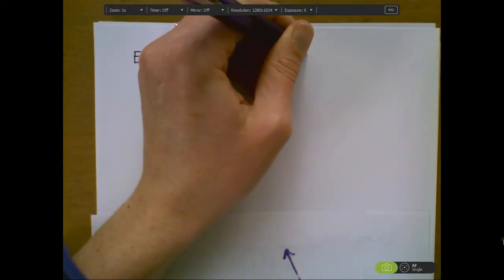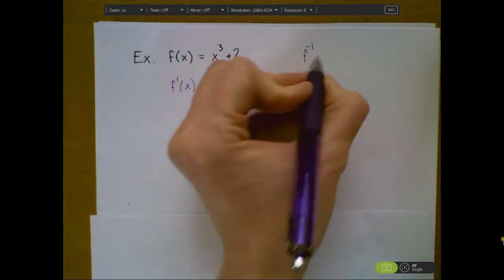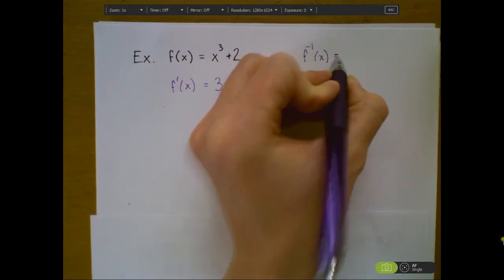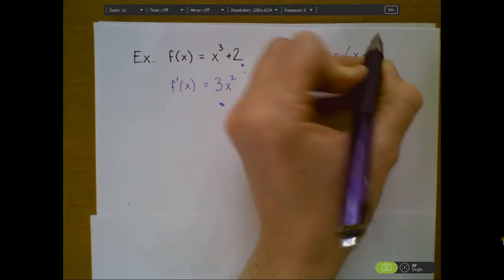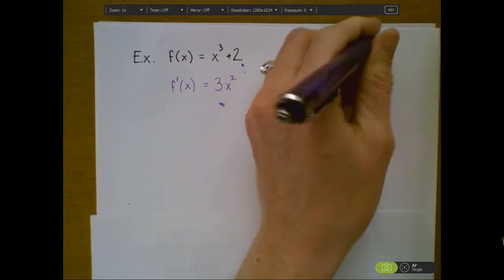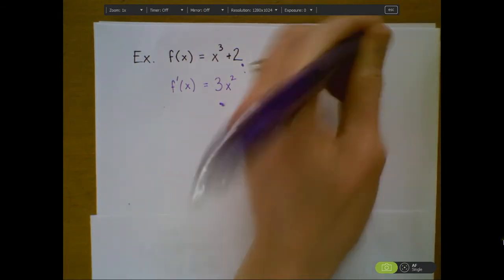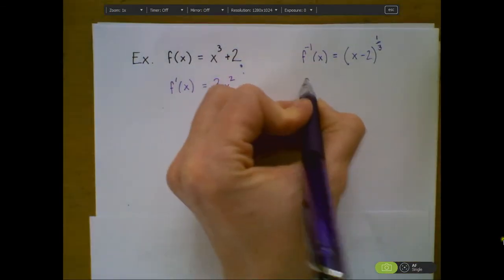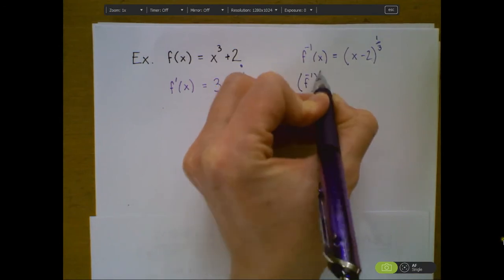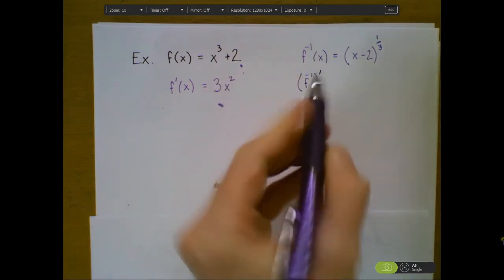So recall, my f inverse function was equal to x minus 2 all to the 1/3 power. So what is the derivative of this function? I'm going to have to, this notation's a little messy, f inverse prime of x.